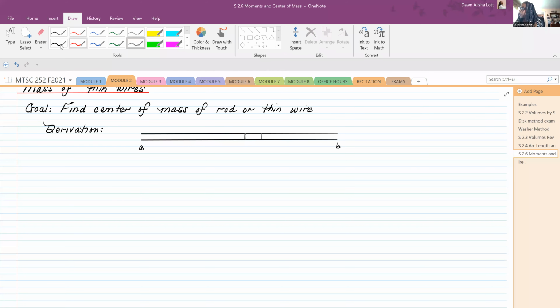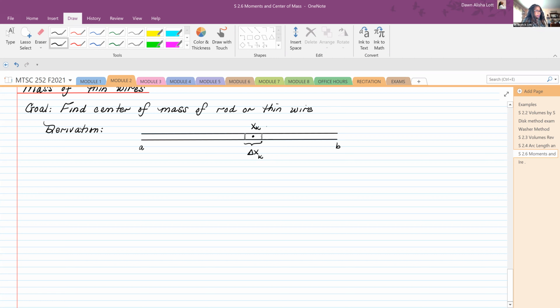This little piece I'm calling delta xk, because I'm going to divide this thing up into a bunch of little intervals, and that's the kth little piece. And then its center is going to be xk.